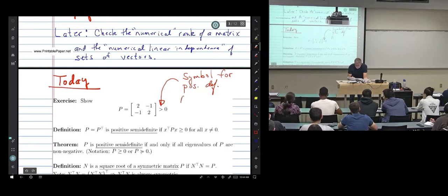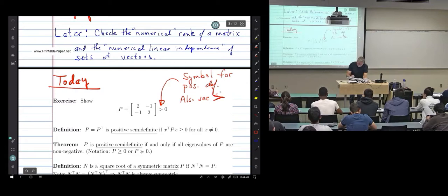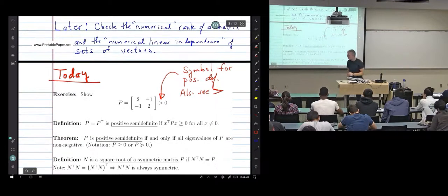And then you also see something that's a little bit more like that, kind of a curved greater than sign. Okay, we'll leave it like that.